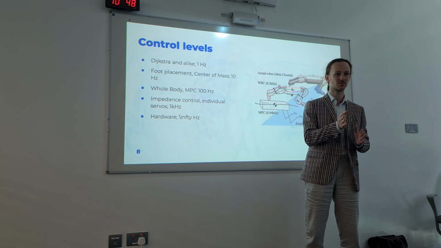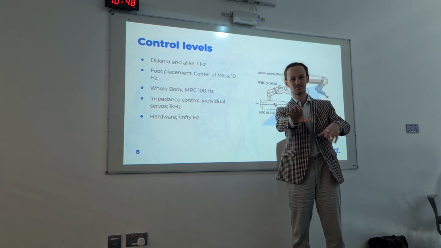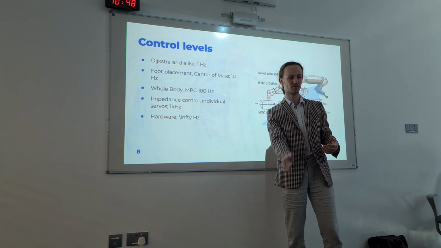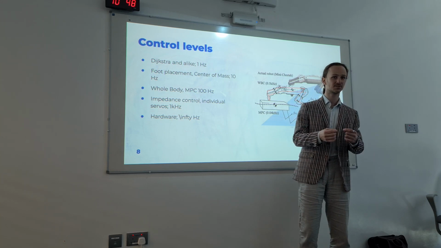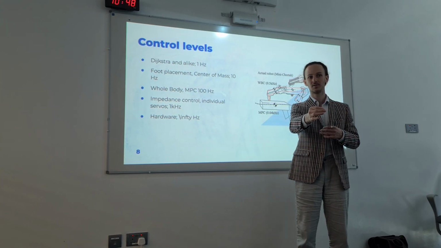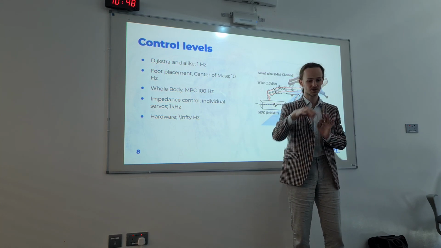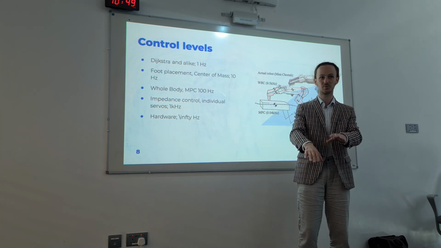So we have to plan this ahead, and I don't want to step over anyone's legs, so I have to perform the foot placement. And as a reference to this process comes the very general trajectory and approximation. And on top of this approximation, I'm planning the exact motion of the center of mass and the foot placement.